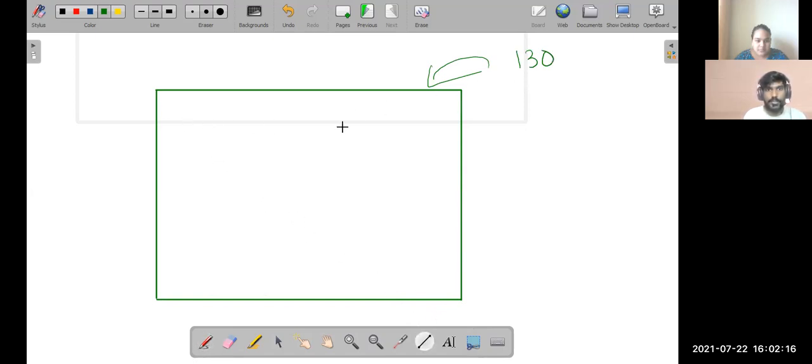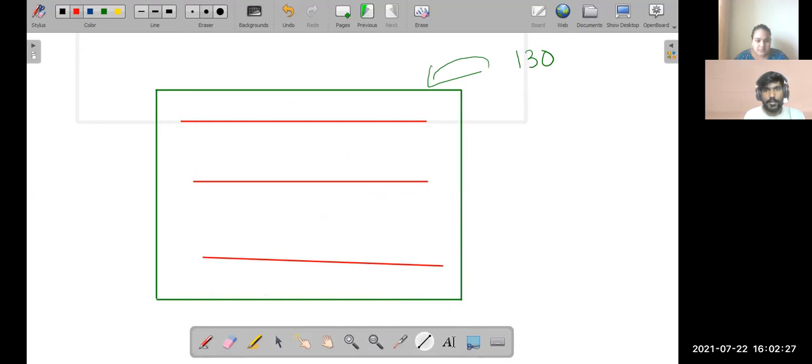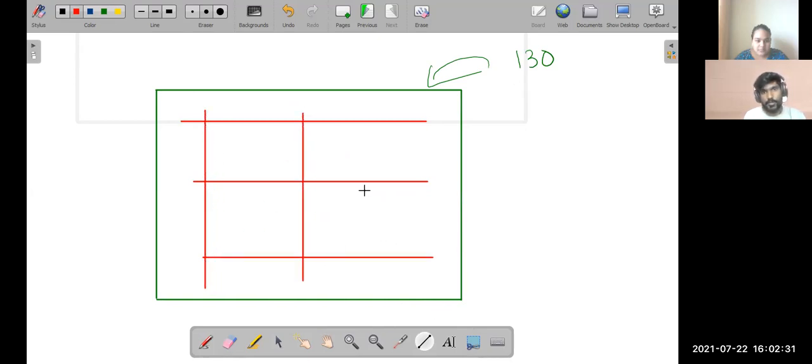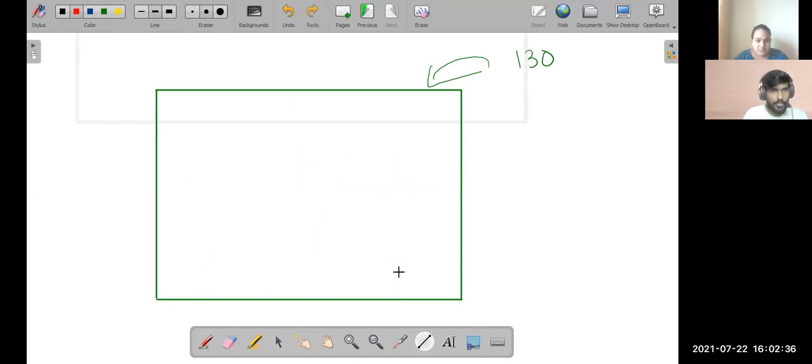These are the rows. I'll draw it with a different color. So these are the rows, and these are the columns. So these red lines are rows and columns.